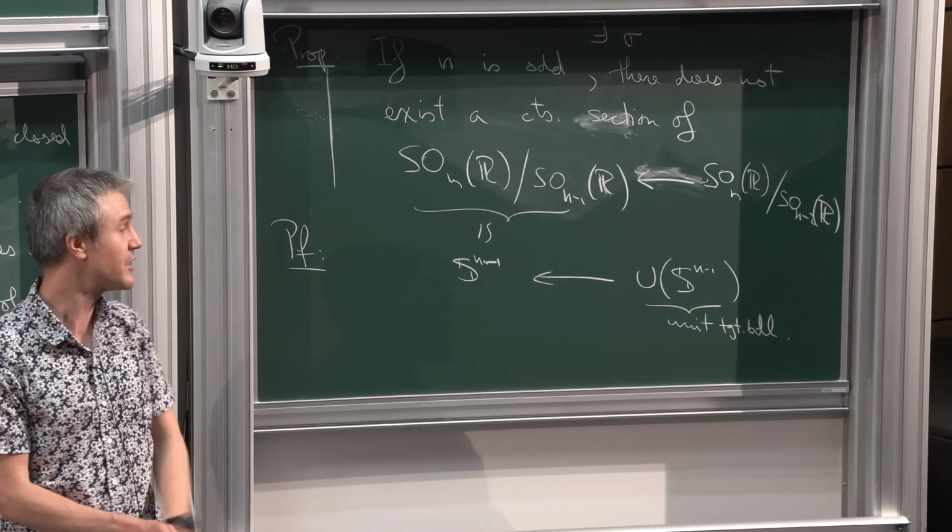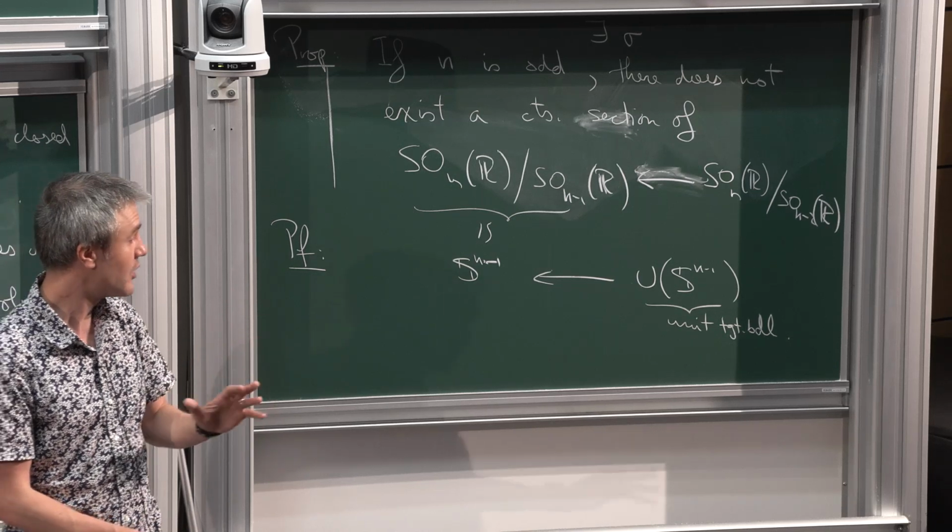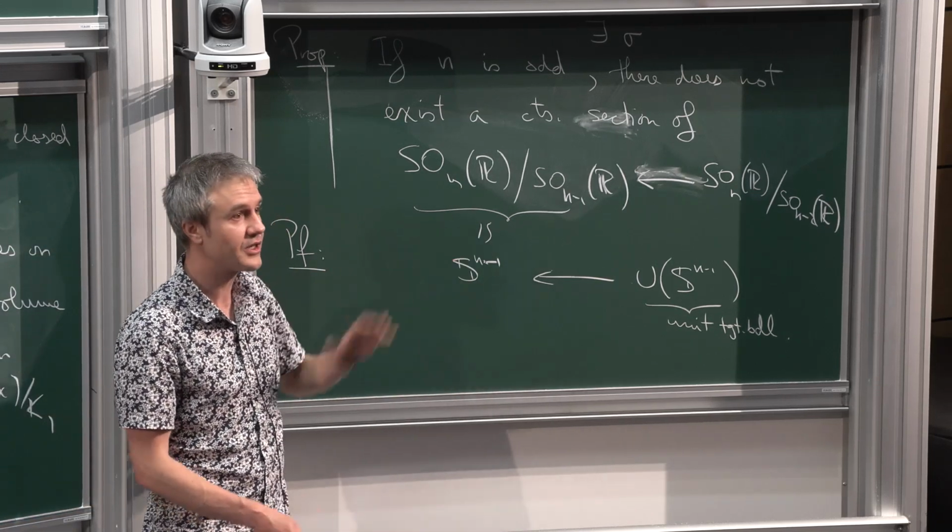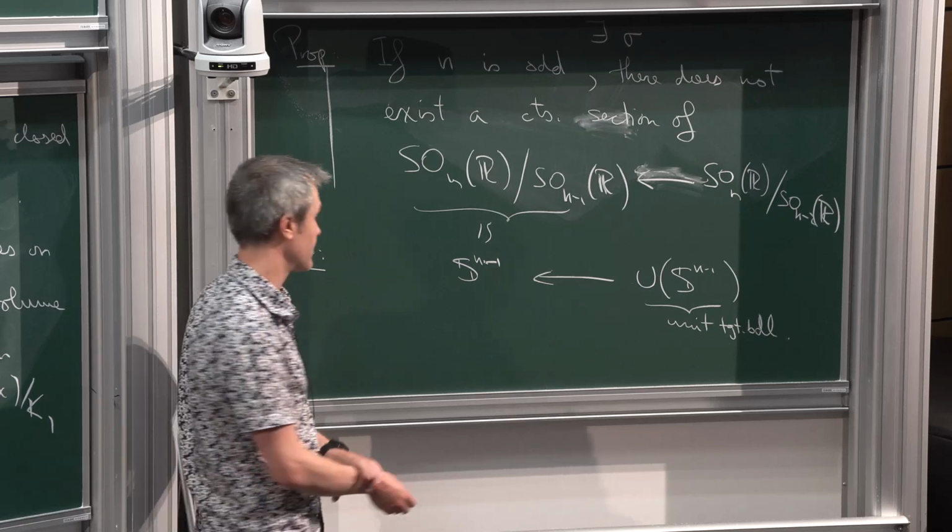Yes, I don't know who said it, but someone said Poincare-Hopf. Exactly. So on an even dimensional sphere, there is no non-vanishing vector field.